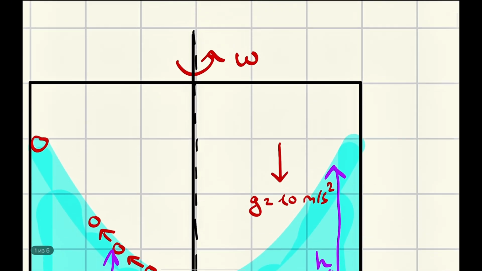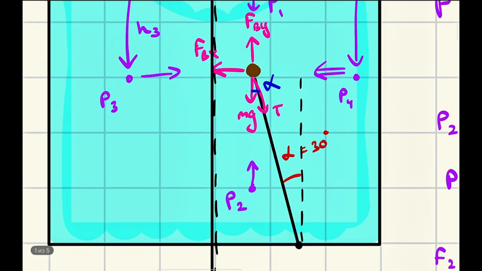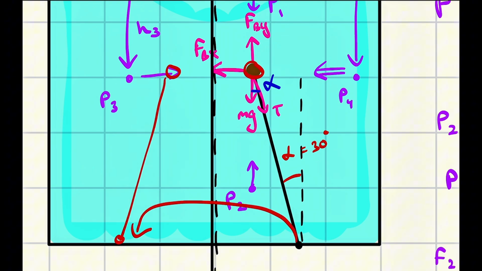So we have here angular velocity, and also when we rotate, as I've said before, our wooden ball would just rotate with the water like this, and every time it will look at the center of the vessel, yeah, the central axis of the vessel. So basically this would be our centripetal acceleration, okay?